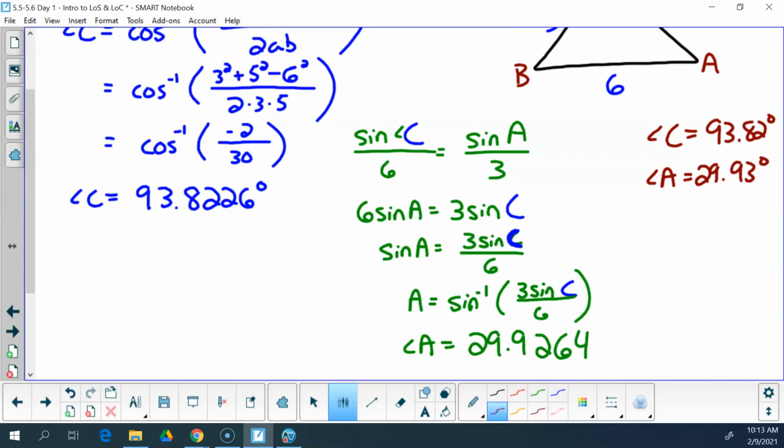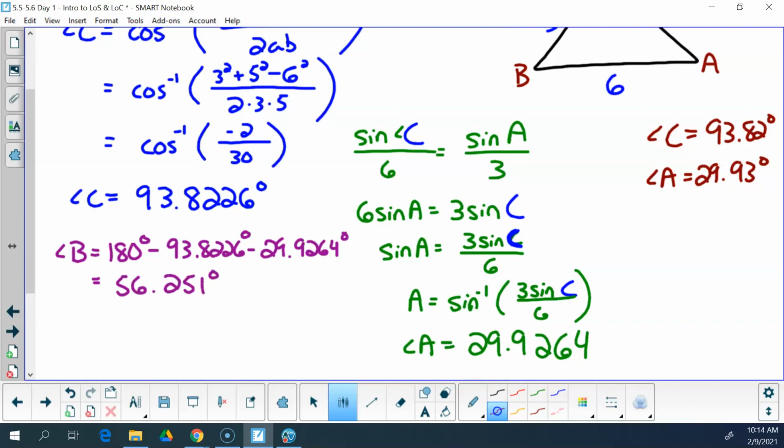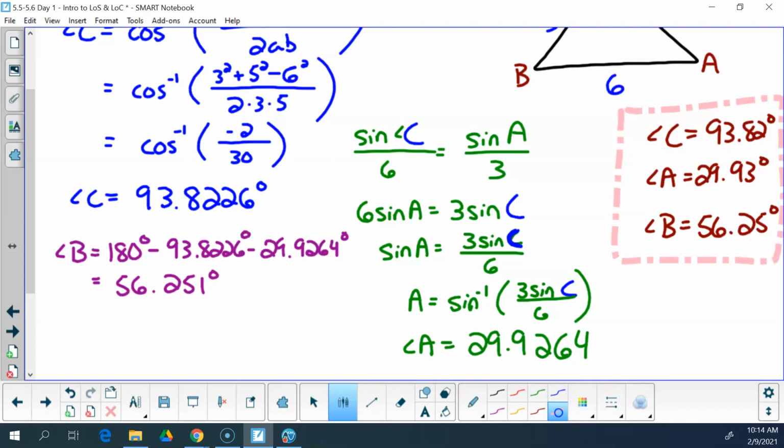Then we still have 180 degrees in a triangle, so angle B is approximately 56.25 degrees. Yes, indeedy do.